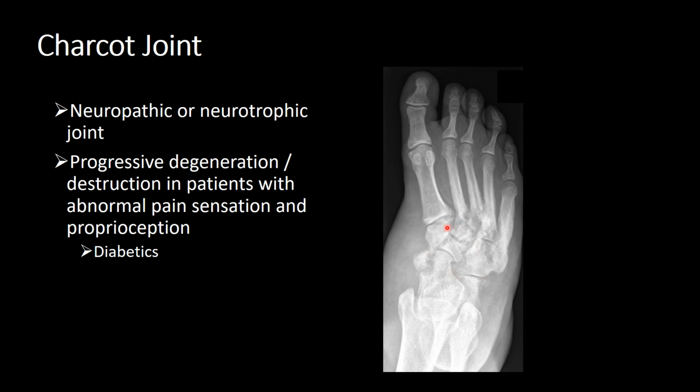So it tends to affect the midfoot and you get this progressive destruction. Basically it affects those who have abnormal pain sensation and proprioception. What happens is you get an increase in density, destruction, debris, and disorganisation and dislocation. So that's just something to be aware of, because I'm sure you'll frequently see it in clinical practice.